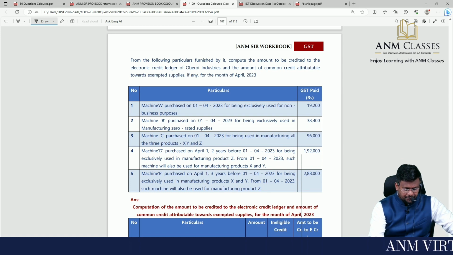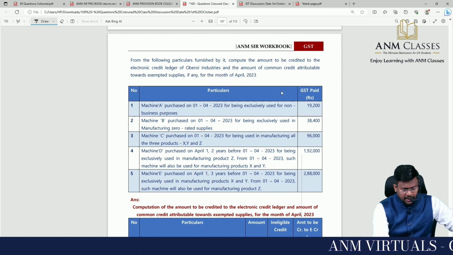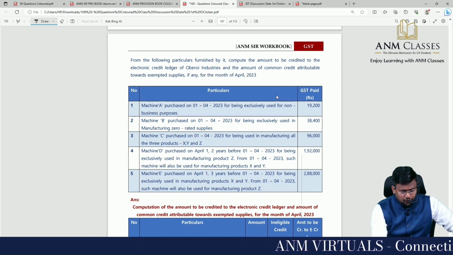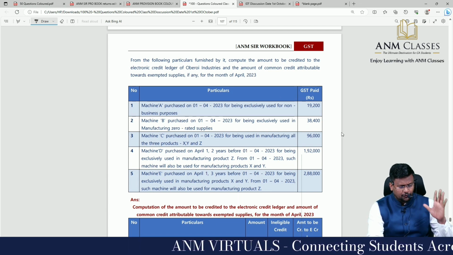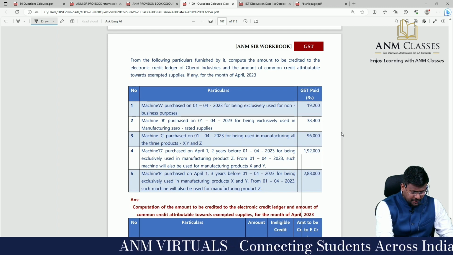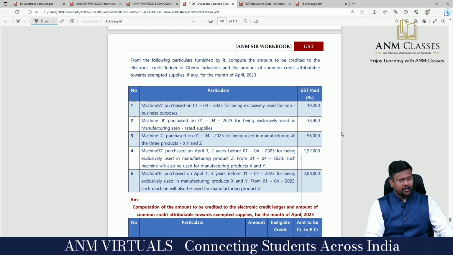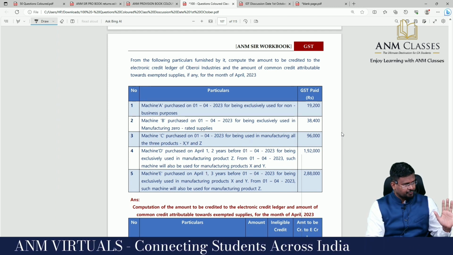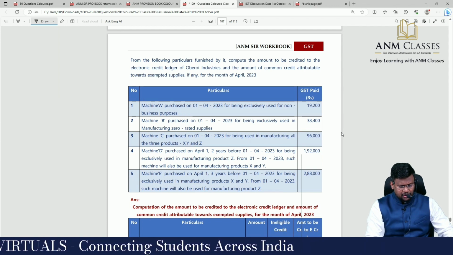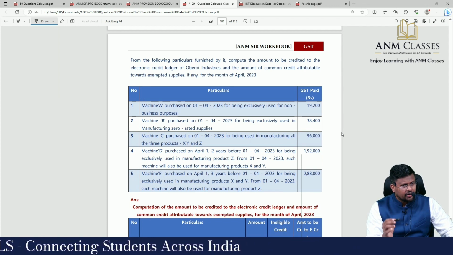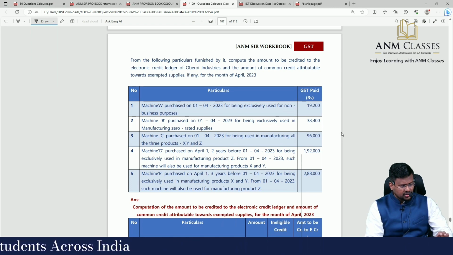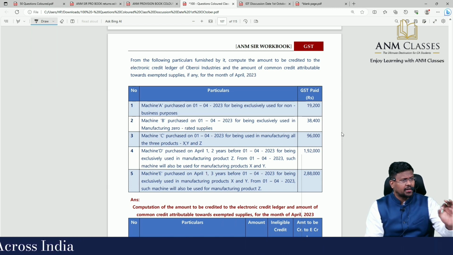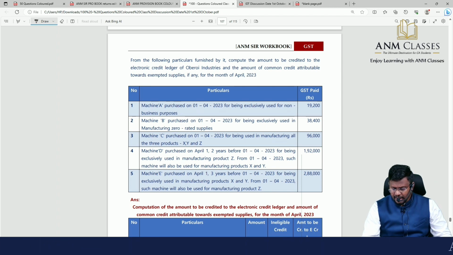For example, look here: machine A purchased on 1/4/2023 for being exclusively used for non-business purpose. Non-business purpose means personal purpose or anything other than business purpose. Since this plant and machinery is exclusively used for non-business purpose, its credit should not be taken to the ECL, the electronic credit ledger.